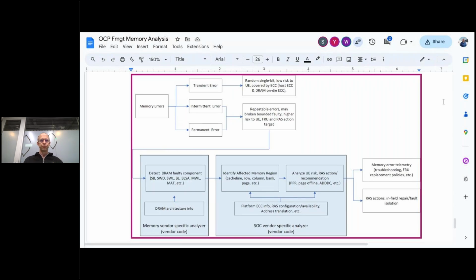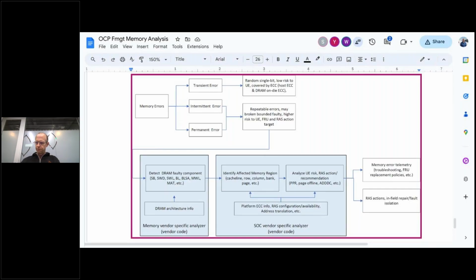On the other side, we're thinking about intermittent and permanent errors. Those are repeatable errors in the DRAM. That error can be multi-bit and can cross different banks. That will be a bounded fault we design for in DDR, even in DDR5, and it is a higher risk for uncorrectable errors.